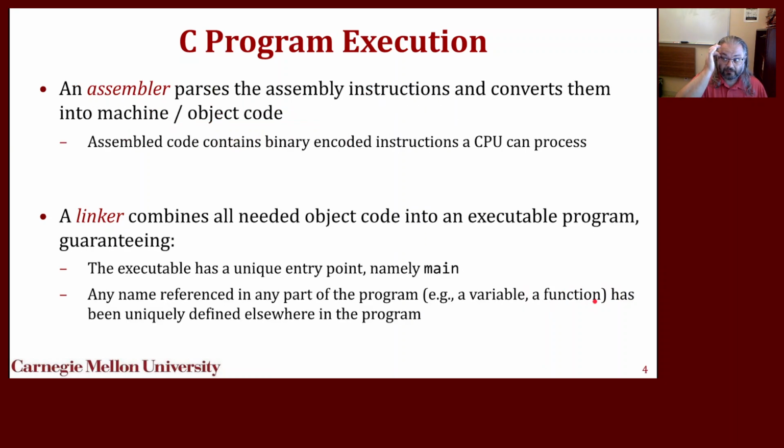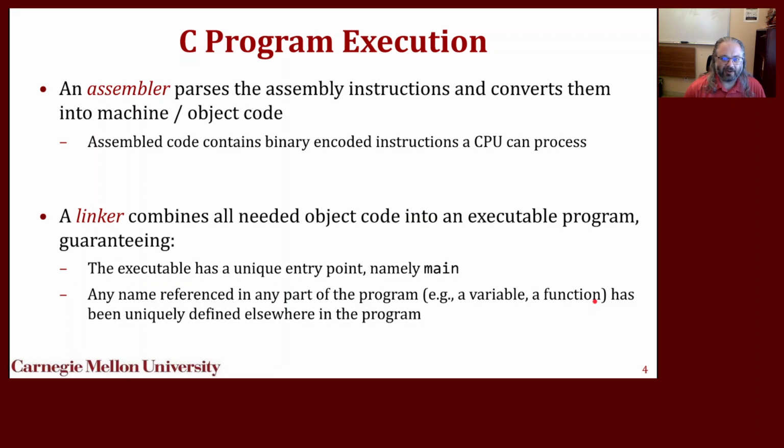The third part of C program execution is using an assembler. This is performing the assembling step. This essentially parses the assembly instructions that the compiler output and converts them into binary object code or machine code. So the object code or machine code is actual instructions, encoded instructions that can be fed directly into a processor, directly into a CPU.